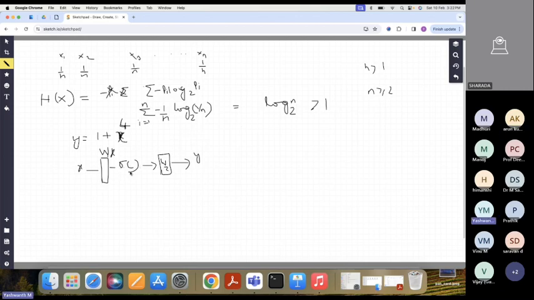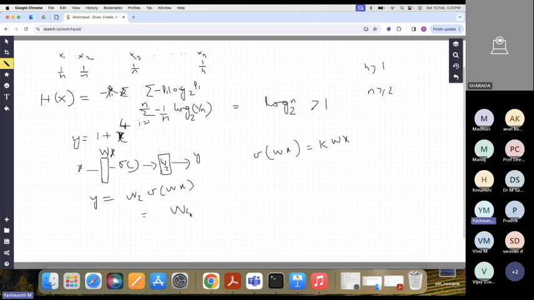If sigma is linear, the entire thing will be w2 times sigma of w1 x. Because it is linear, you can write this as some constant times w1 x.